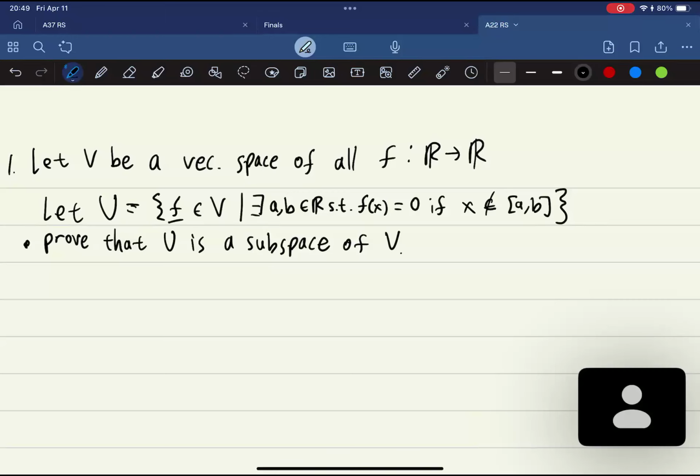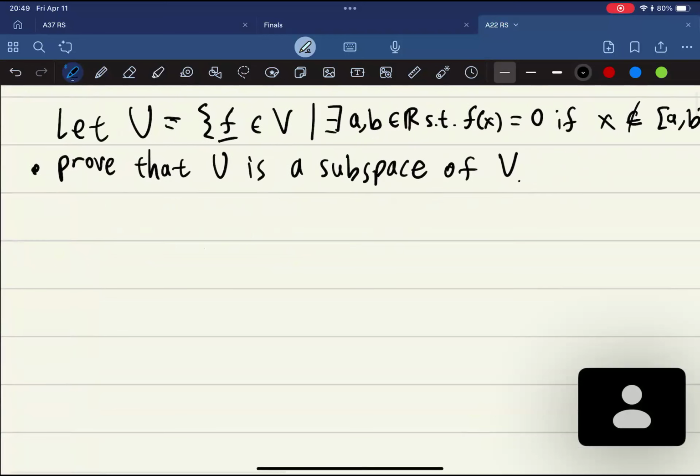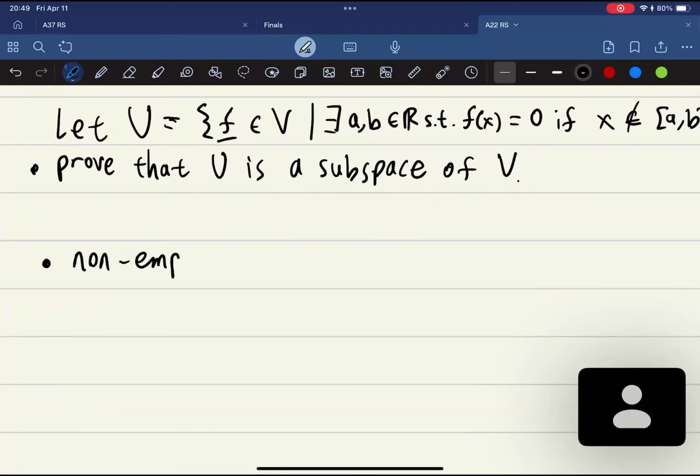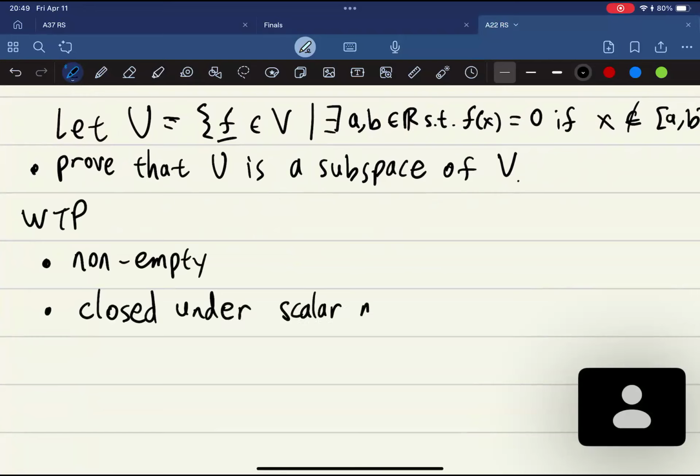f of x equals 0, prove non-empty. Yeah, you got the right idea. So first, to prove that some set is a subspace, we need to prove non-emptiness. Then we need to prove that the set is closed under scalar multiplication, and then closed under vector addition.